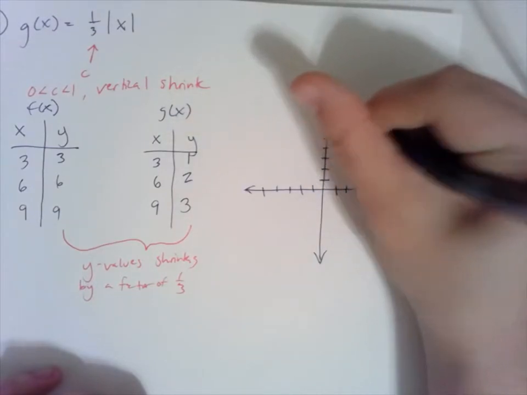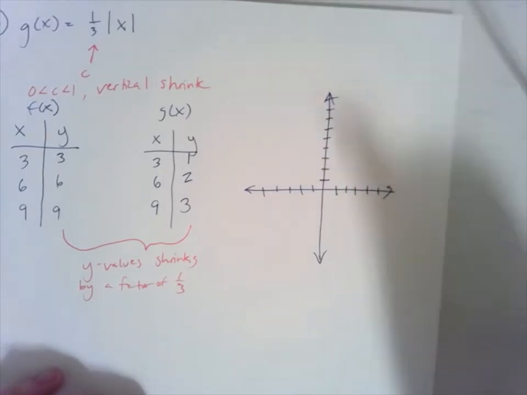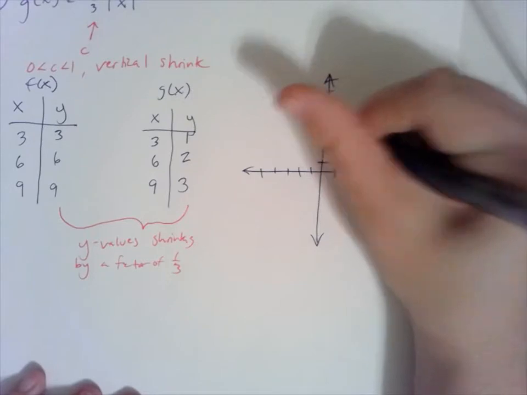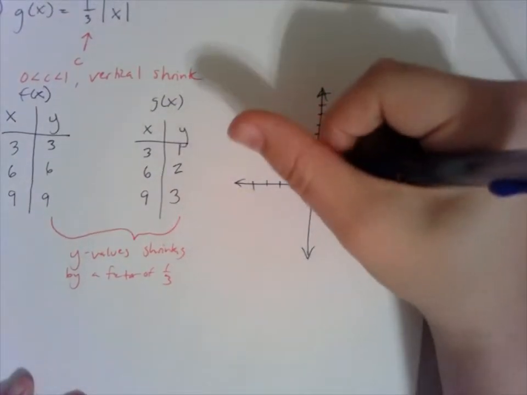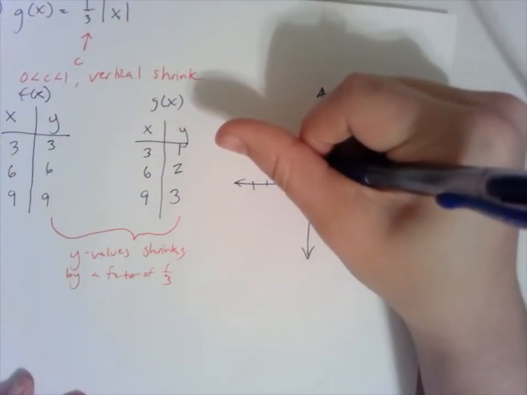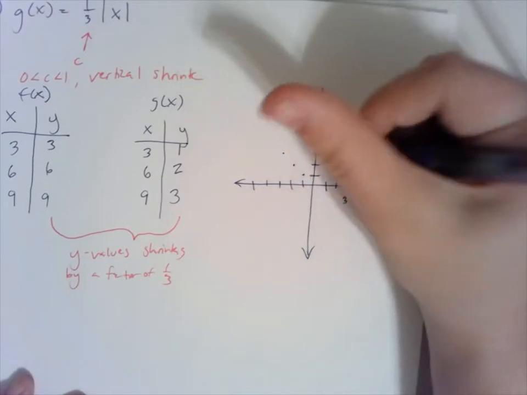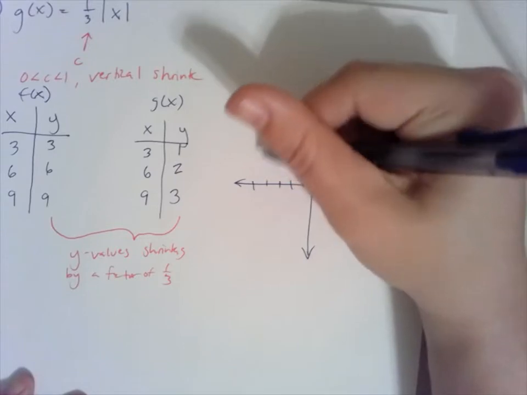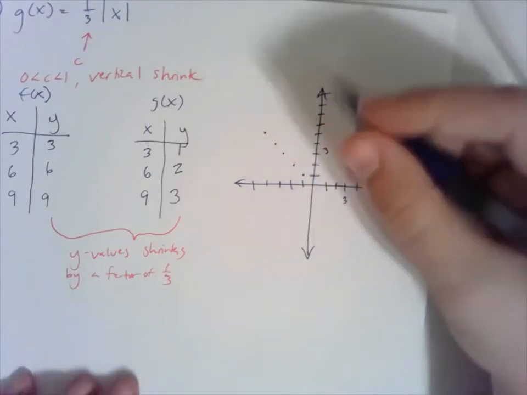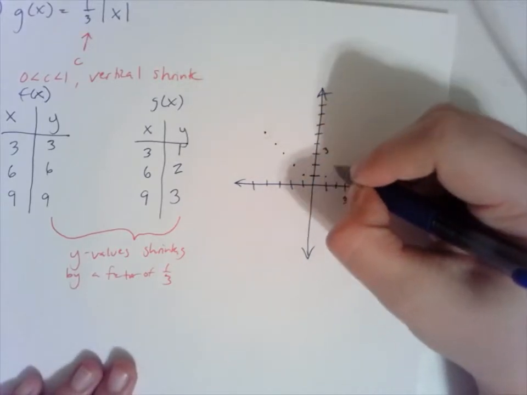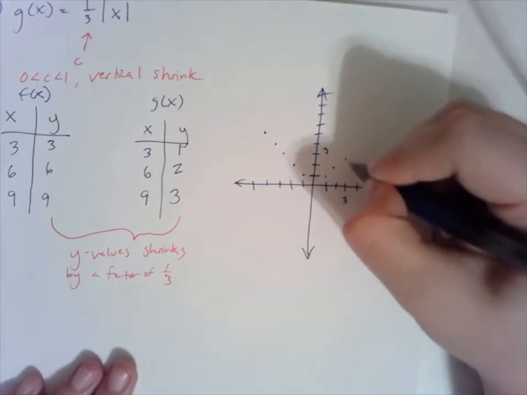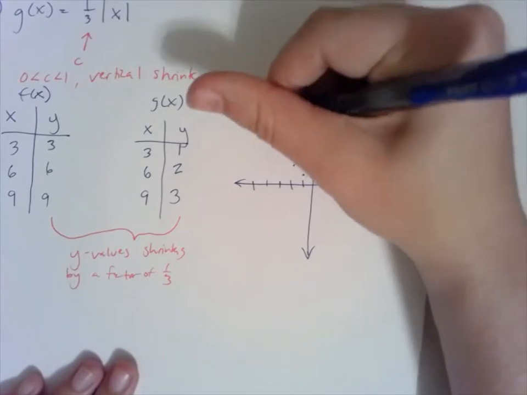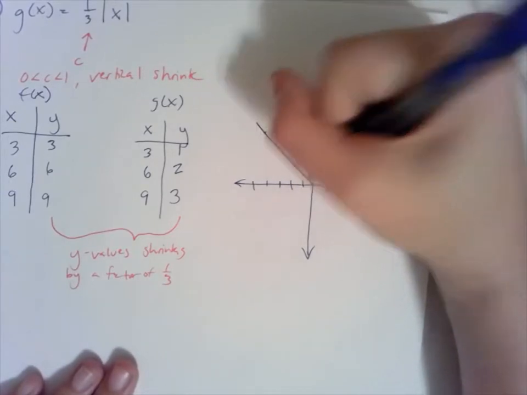Let's give ourselves some reference, so like 3 and 3. Cool. Our f of x, again, would just be doing that classic move up 3 over 3, 4 and 4, 5 and 5, right? It just keeps doing that. 3, 3, 4, 4 is a point, 5, 5 is a point, and it just looks like that classic V shape, kind of like at a 90-degree angle at the origin.